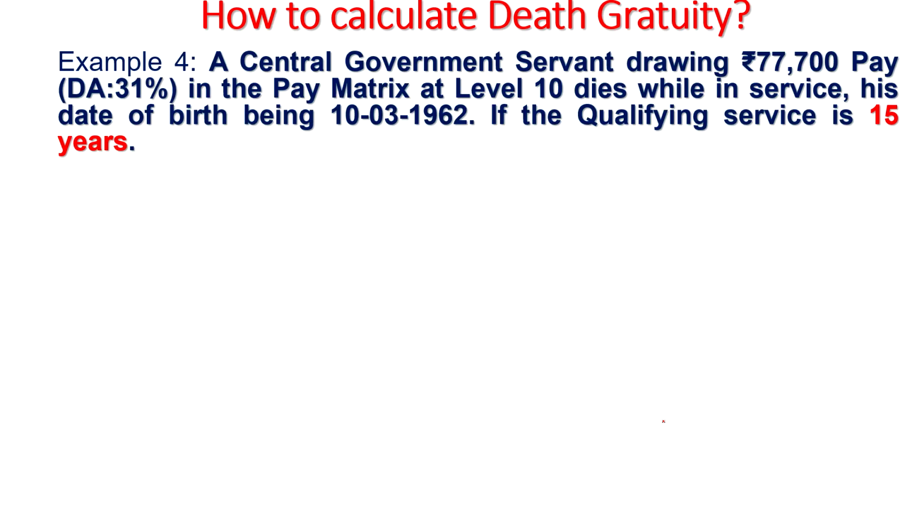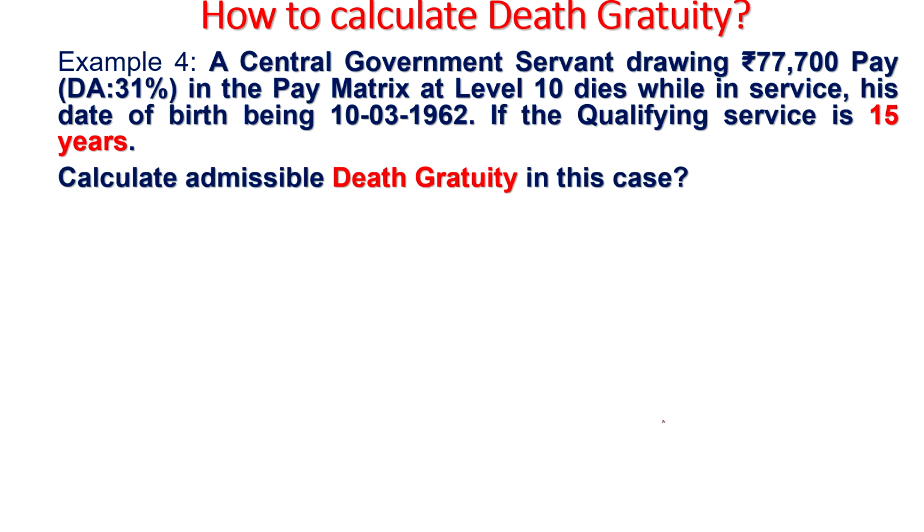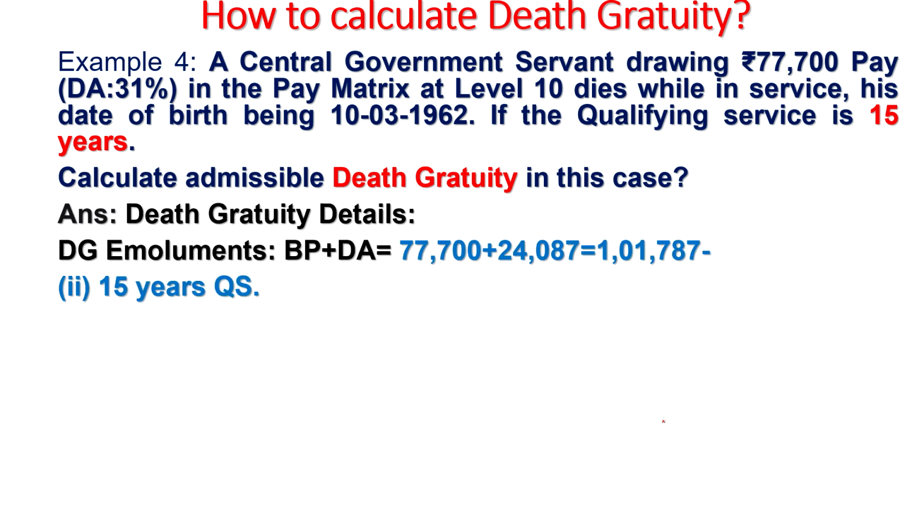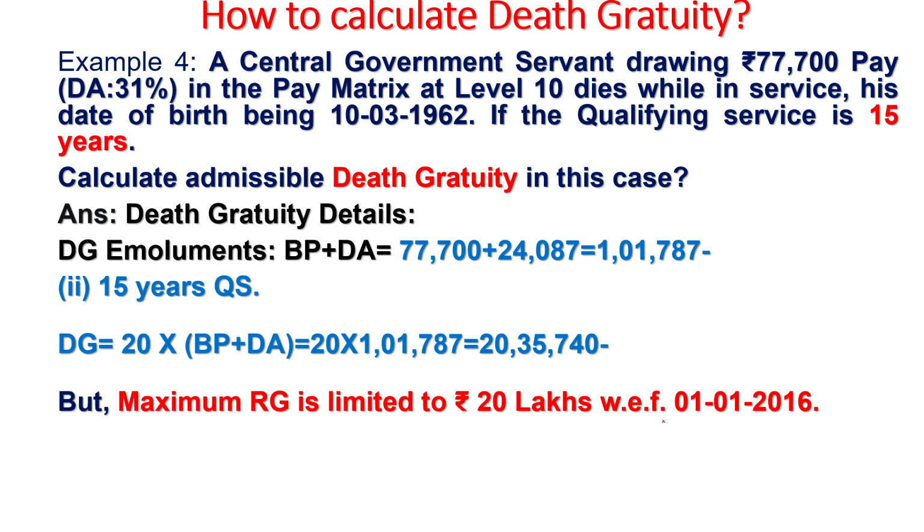Next, the fourth example, the same question, but the qualifying service this time is 15 years. As per the table, what is the death gratuity admissible? Emoluments is 1 lakh 1,787. For 15 years of qualifying service the formula will be 20 times the emoluments.